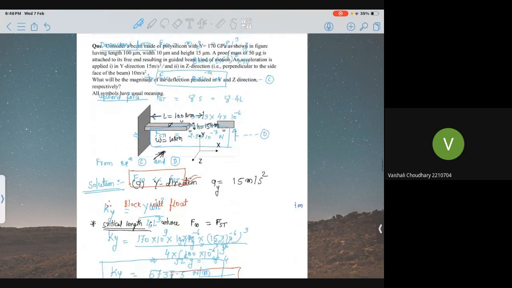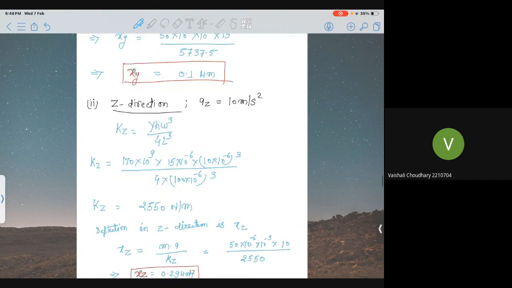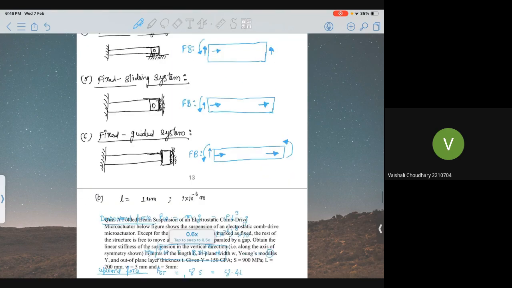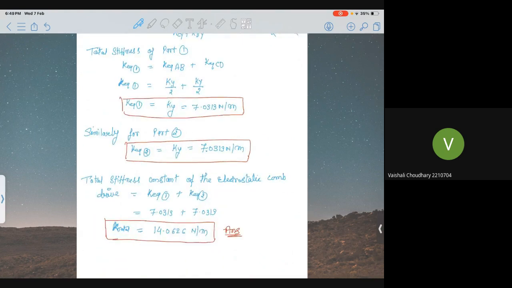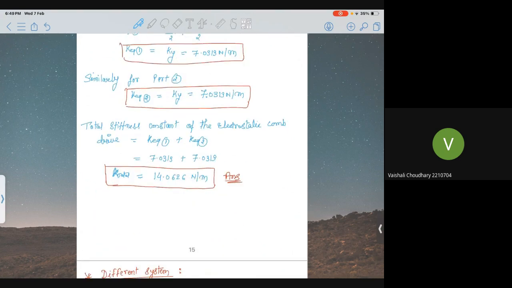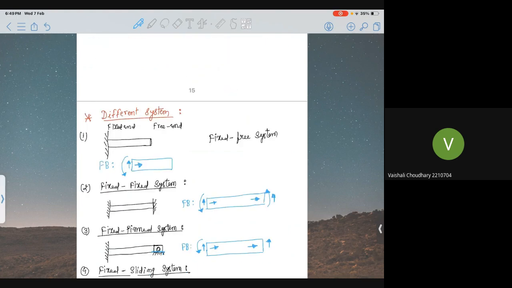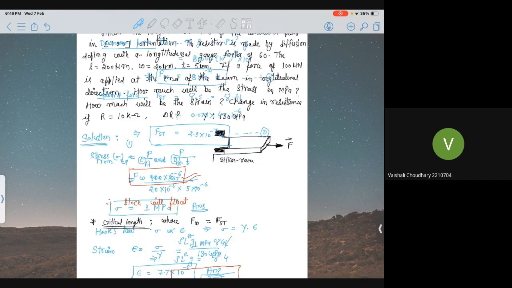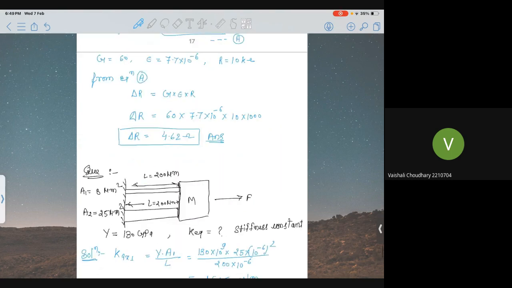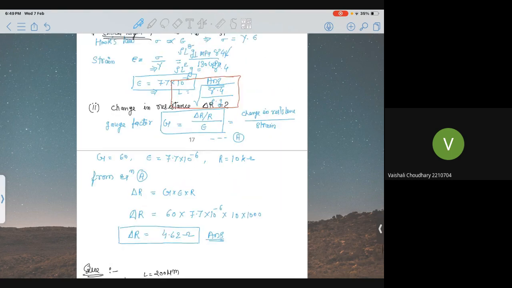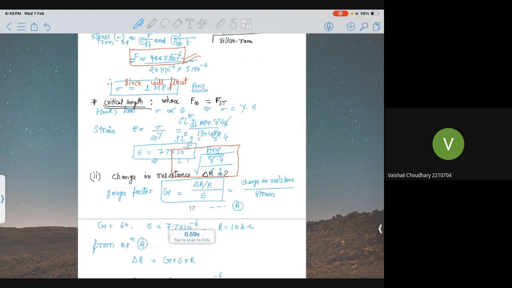Then we have solved one problem based on that. Then we have seen the electrostatic comb actuator. Then we have seen a problem based on the sensor. Okay.